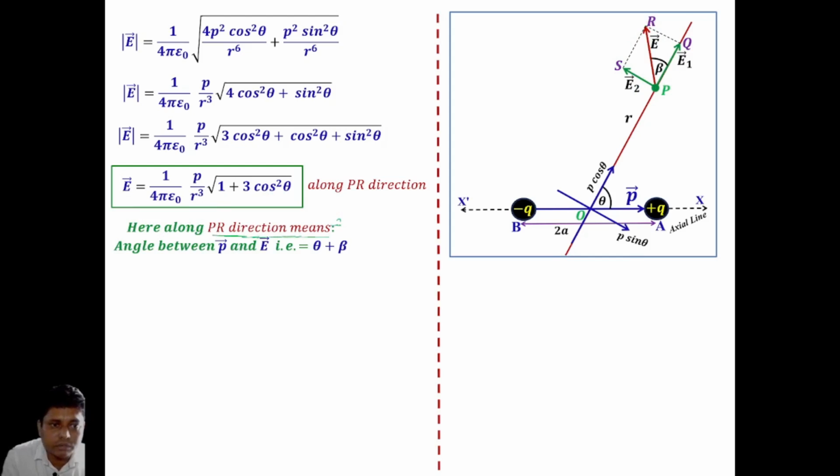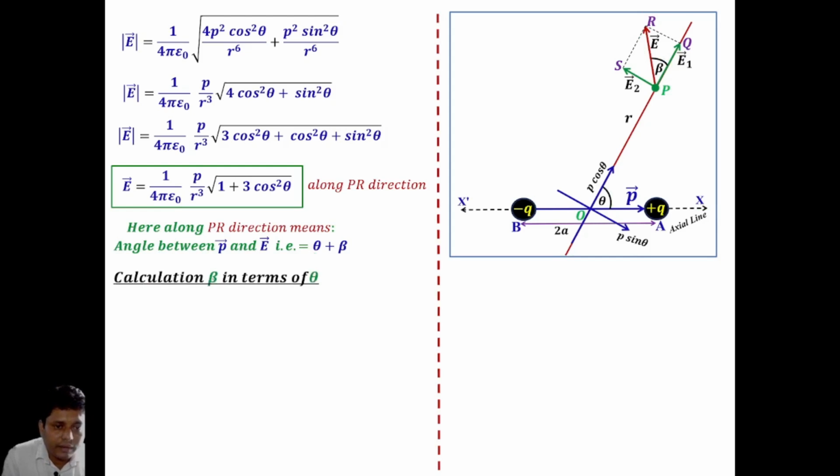It means the angle between the P vector, which is along the positive x-axis direction, and the E vector, which is along the PR direction. What will the angle be? So the net angle will be how much? Theta plus beta. So here the PR direction means the angle between P and E is theta plus beta, right?